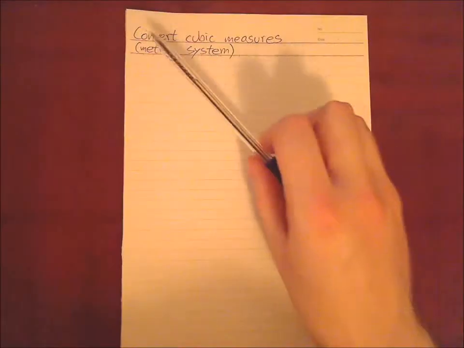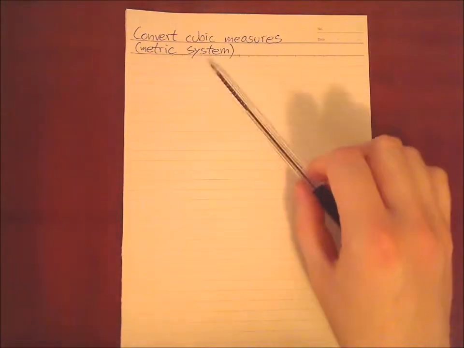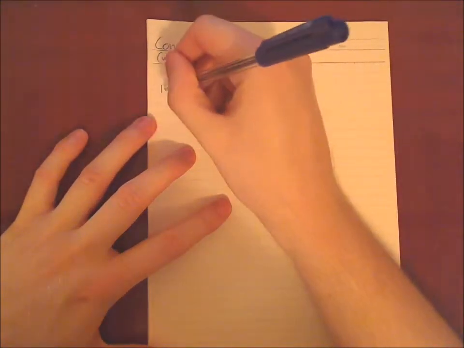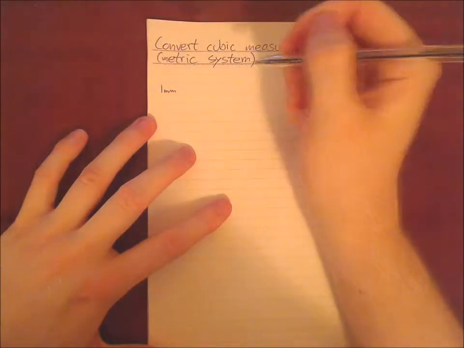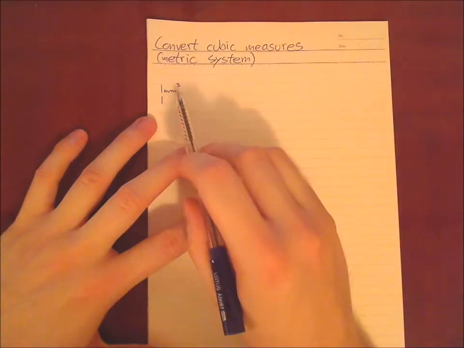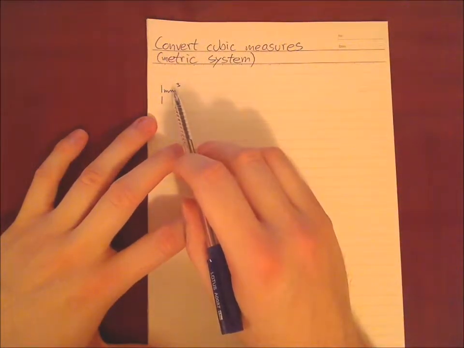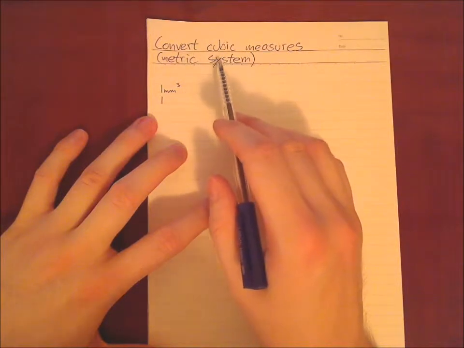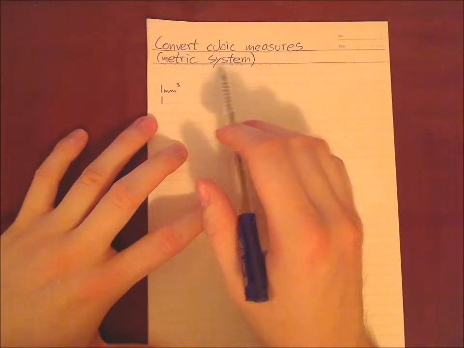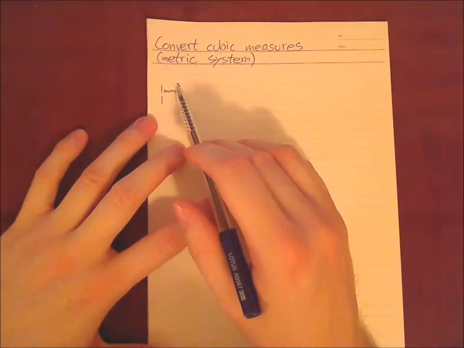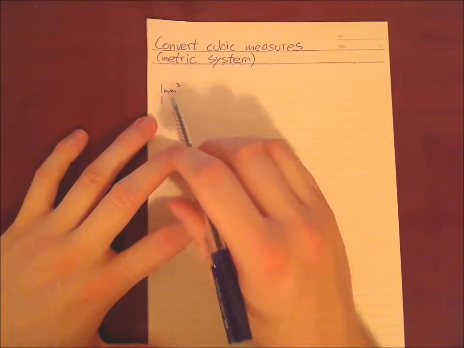How to convert cubic measures in the metric system. This works the following way. So we start with 1 cubic millimeter, and similar as for conversion of areas or conversion of lengths in the metric system, you always have to look at the power, and then you know how many zeros you have to add in this step.